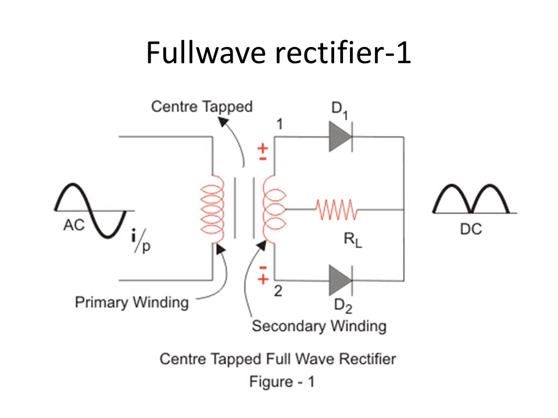So that means D1 will conduct. So the current will start from the top of the secondary. If you want to find out the direction of the current through RL, you have to start from the positive of the source. So in this case, it is the top of the secondary. From there, the current starts.